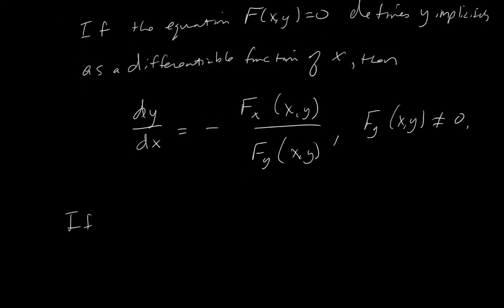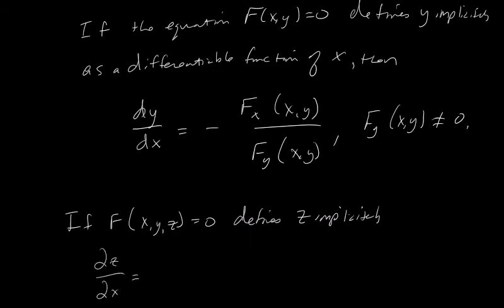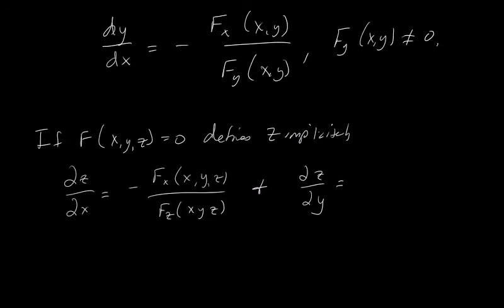If, let's go to 3 dimensions, capital F of x, y, z is equal to 0 defines z implicitly as a differentiable function of x and y, then we get the partial of z with respect to x is equal to negative F sub x of x, y, z divided by F sub z of x, y, z, and the partial derivative of z with respect to y is equal to negative F sub y of x, y, z divided by F sub z of x, y, z.